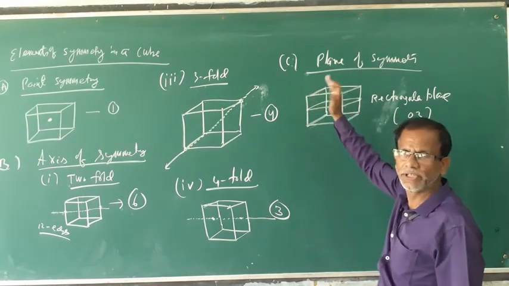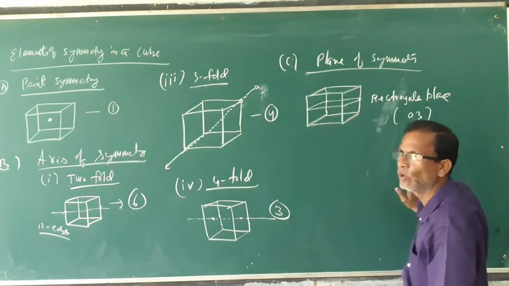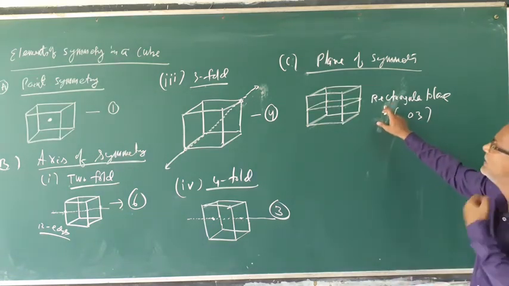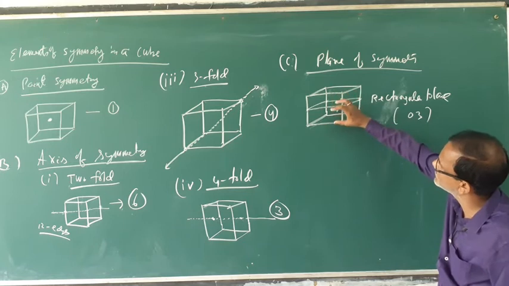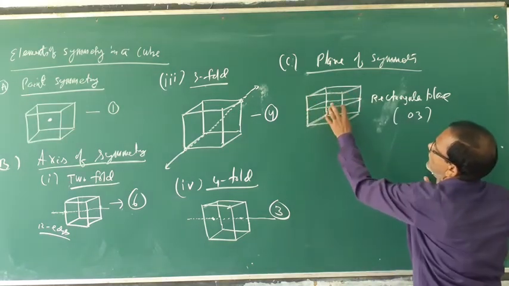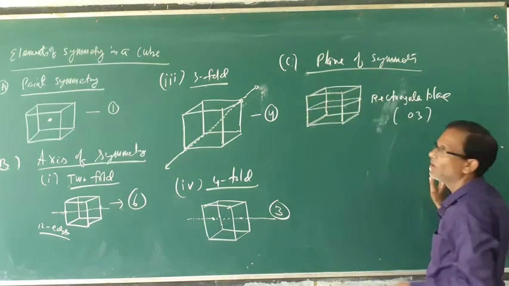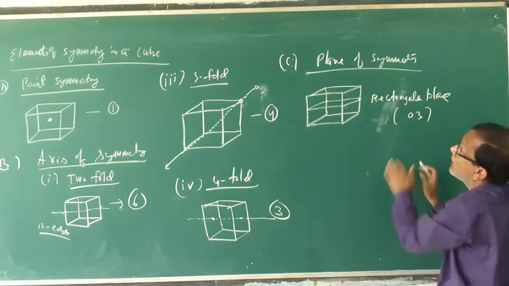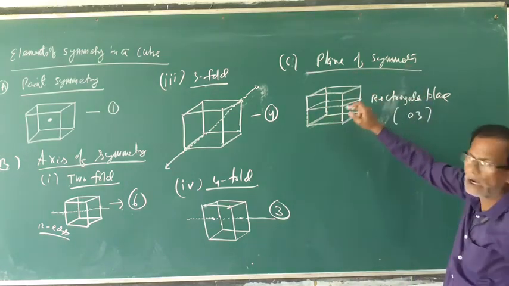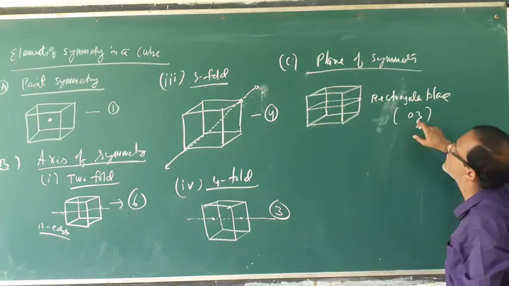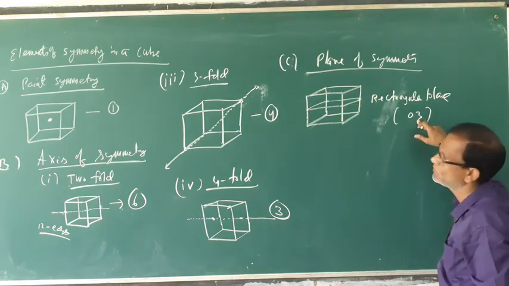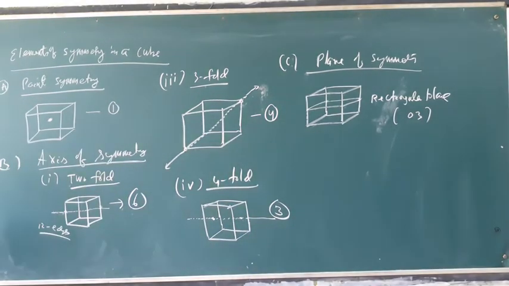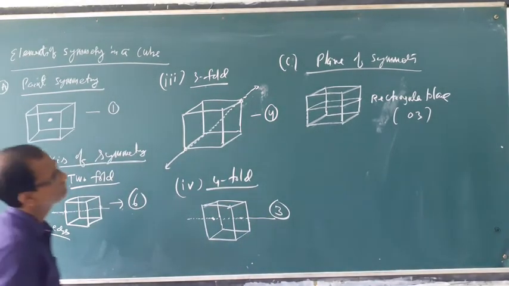Like this, 3 ways you can divide the whole cube into different rectangles. So 3 ways we can divide this. That's why the plane of symmetry in a cube: 3 are rectangular planes. Similarly, another plane is possible, that is the diagonal plane.